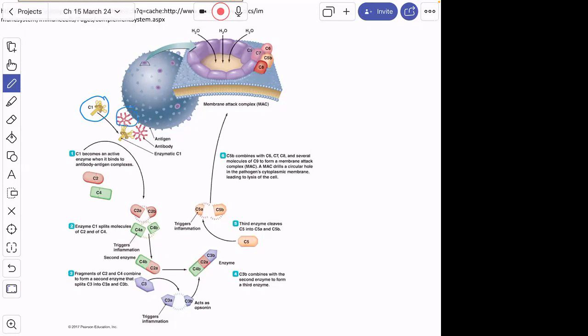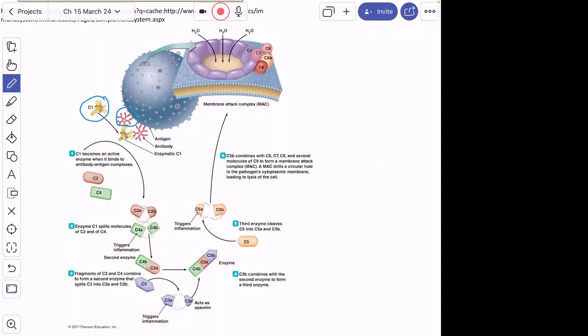Okay, and that complex causes a couple other proteins to split. So the C2 complement protein and the C4 split. When any of these proteins split, then the fragments we label C2A and C2B. All right, when C4 splits, we label that C4A and C4B.